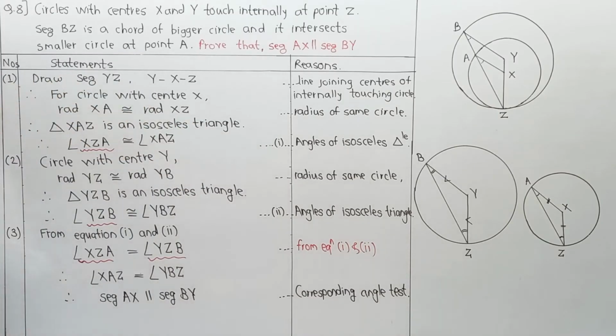And in this way, by making proper group number 1, proper group number 2 and proper group number 3, you can complete the entire proof.